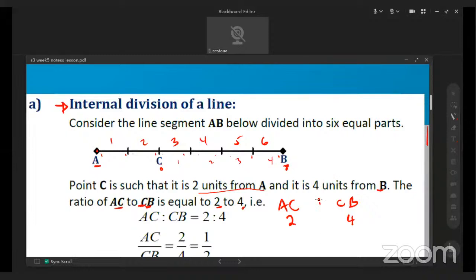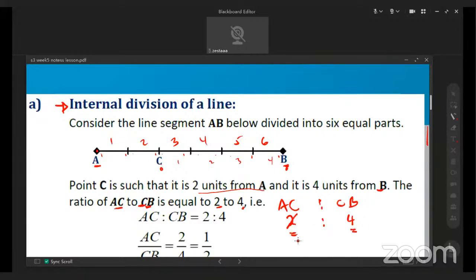So when you put it in this form, we are now working with ratios. The ratio of AC to CB is 2 to 4, meaning there are 2 units from A to C, and 4 units from C to B. Usually, as we learned in our previous section, with ratios you are supposed to reduce them down to their lowest form.